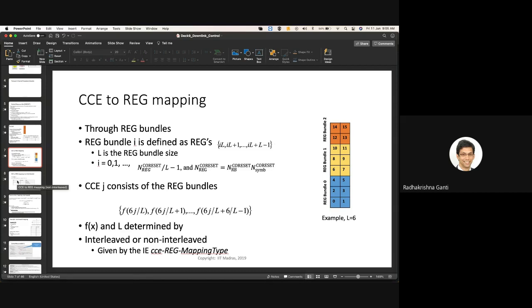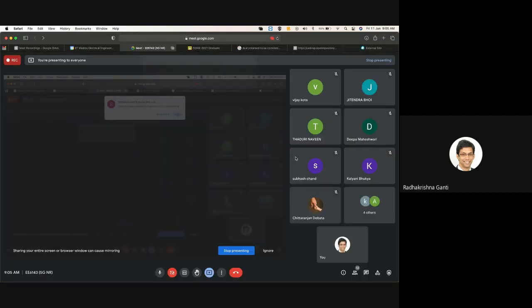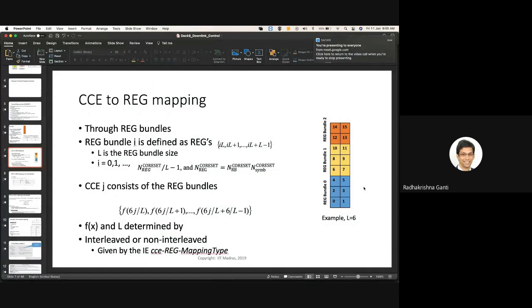Why do you use interleaved and why non-interleaved? Non-interleaved means, for example, if the REG bundle consists of only 2 elements, L equal to 2, then we have REG bundles 0, 1, 2. What will happen if you map all 3 REG bundles to one CCE? Then all the REG bundles are contiguous.